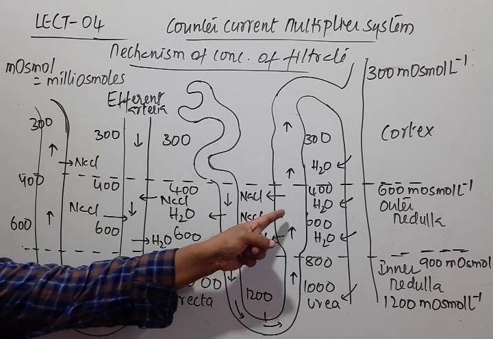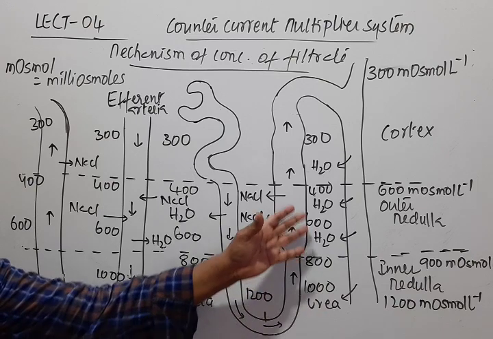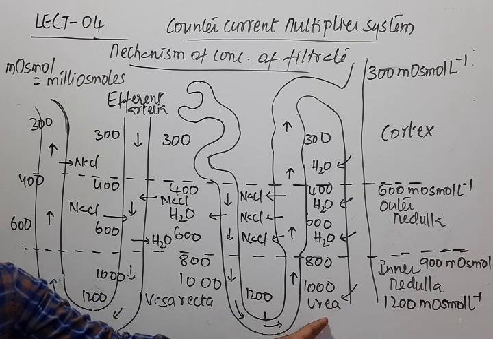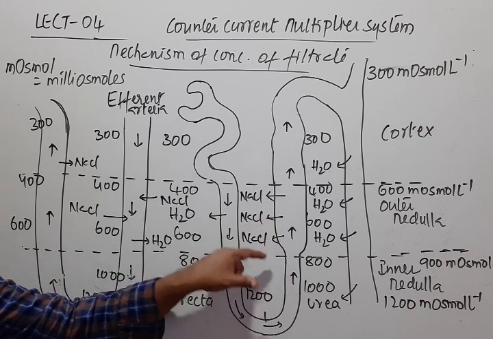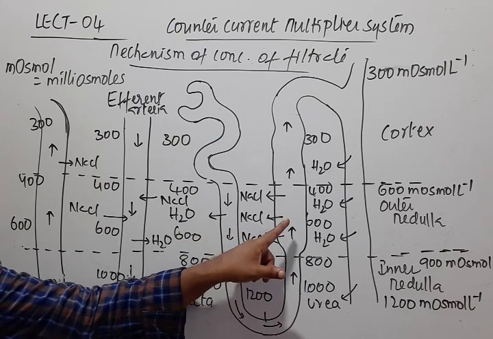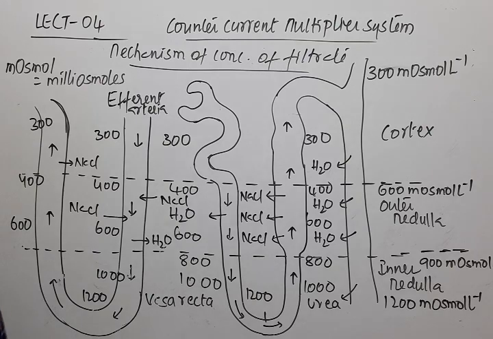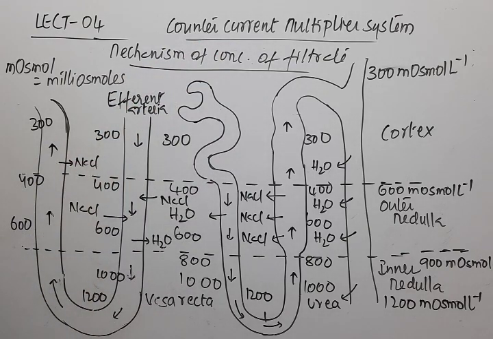So by this, you can see the sodium chloride entering into the interstitium and also urea into the interstitium, and this mechanism will help in concentrating the urine as it passes through the tubules. So that's the only reason why this countercurrent multiplier system is present in the kidneys of mammals.